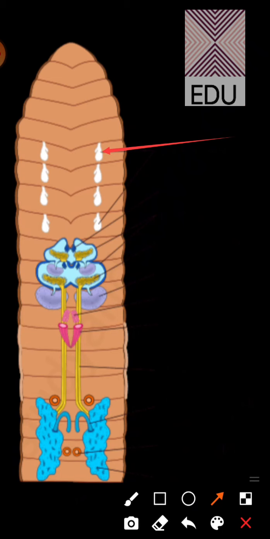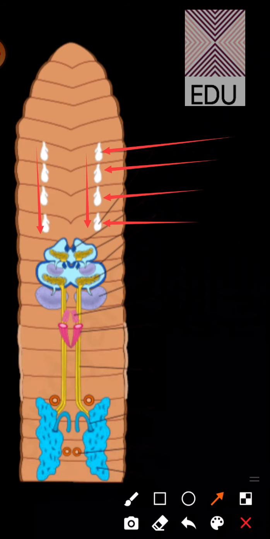So these openings are on the segment number 6, 7, 8 and 9. So students, this is the very first spermatheca, this is of the 7th segment, this is of the 8th segment, and this is of the 9th segment. So 4 are on one side and 4 are on the other side.